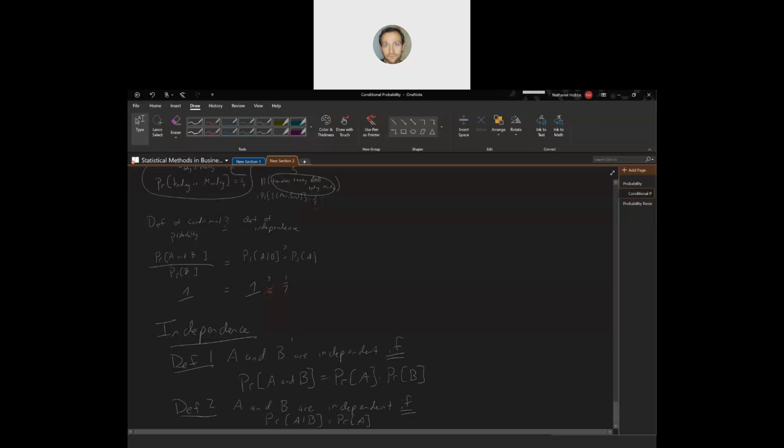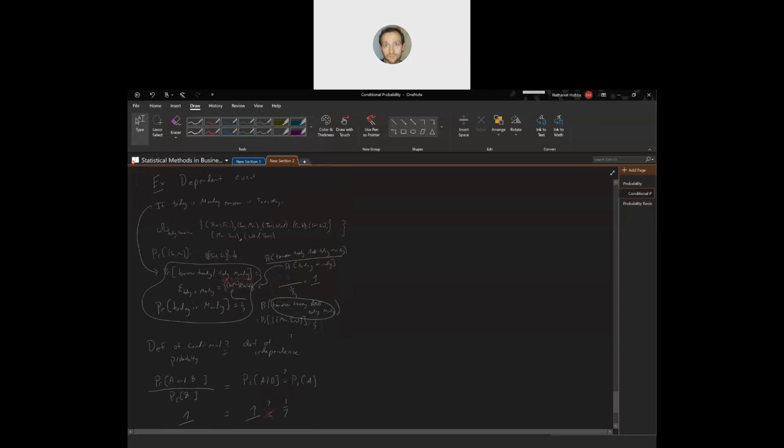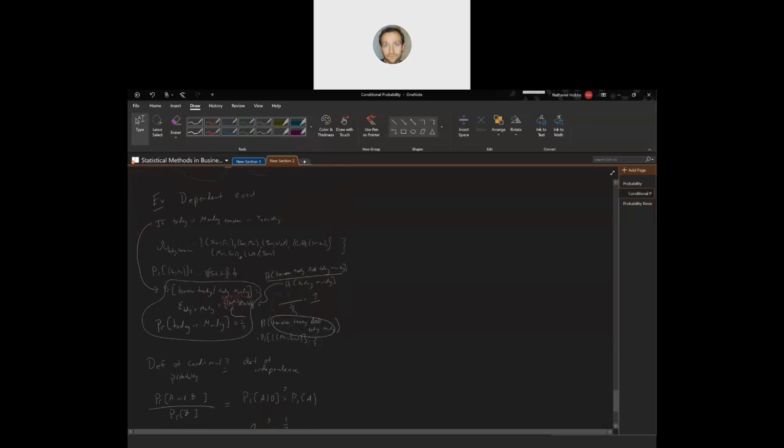And up above here, this is just an example of that: dependent events, that if today is Monday, tomorrow is Tuesday. This is not an independent event.